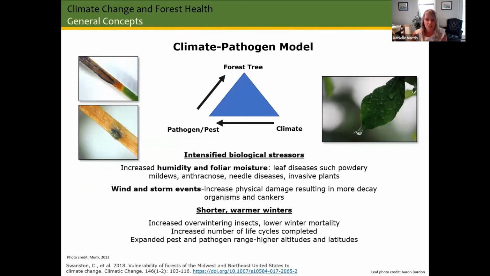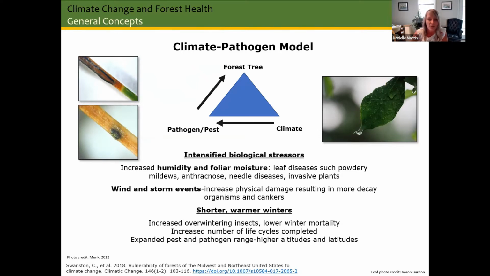Changes in precipitation, temperature regimes, and disturbance events affect the equilibrium of this triangle. And in doing so, forest disease can develop at an increased rate due to the direct effects of climate on pathogen biology. The tree itself may remain physiologically well suited to the climate and experience no relative stress under the novel conditions.